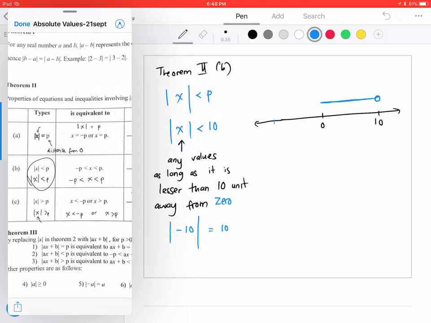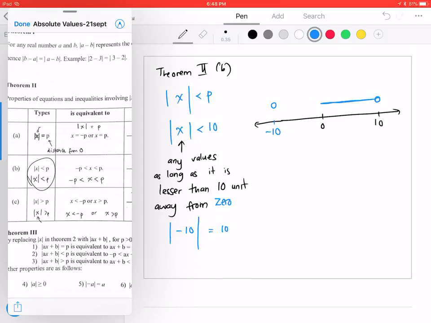So here is your negative 10. Your x could also go down all the way to negative 10, because anything under these two constraints here will have the absolute value of less than 10.